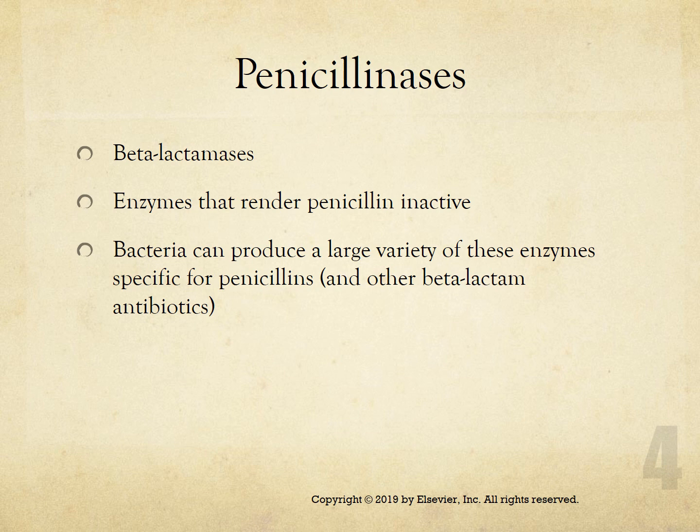Those enzymes that attack the beta-lactam ring are called penicillinases. These render the penicillin inactive, and bacteria can produce a large variety of these enzymes for specific penicillins, such as methicillin, and other beta-lactam antibiotics such as cephalosporins.